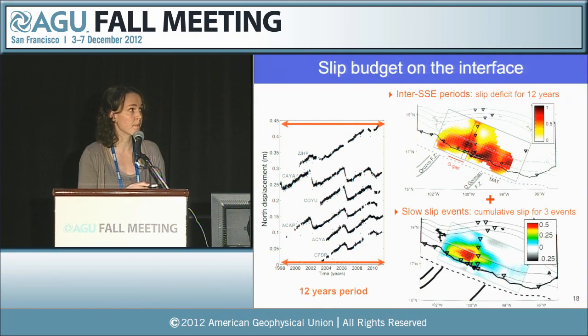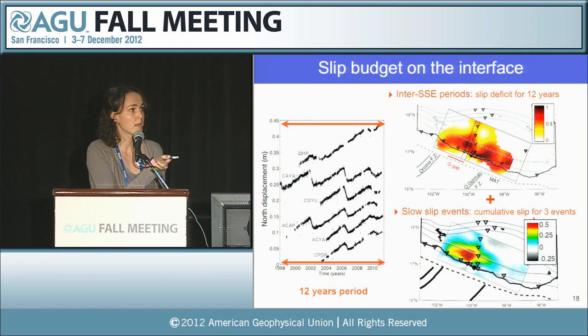And then we can consider what's happening on a longer time period. So we consider 12 years, corresponding to around 3 cycles of slow slip events. In this 12 year period, from this coupling model, we can evaluate the slip deficit for these 12 years.